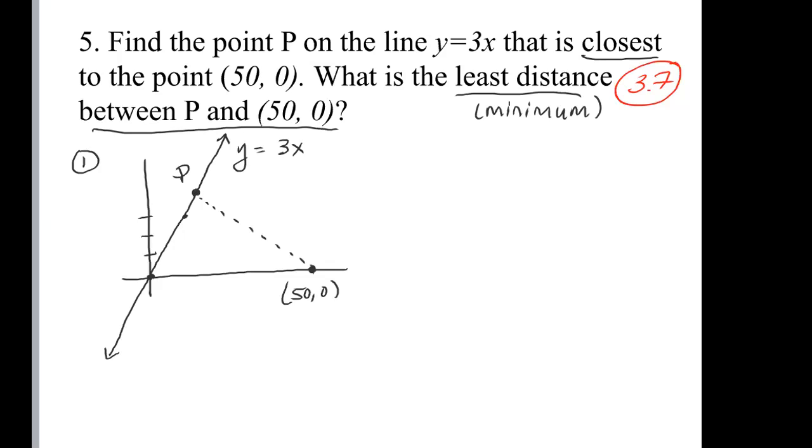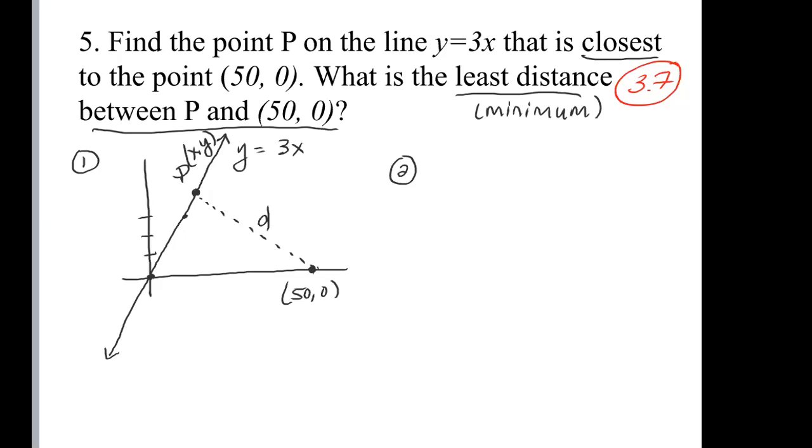So I want to figure out, first of all, what is that point P? And then given that point P, what is this distance D? Maybe I'll call P (x, y) just to give it coordinates. All right. So there is my picture.